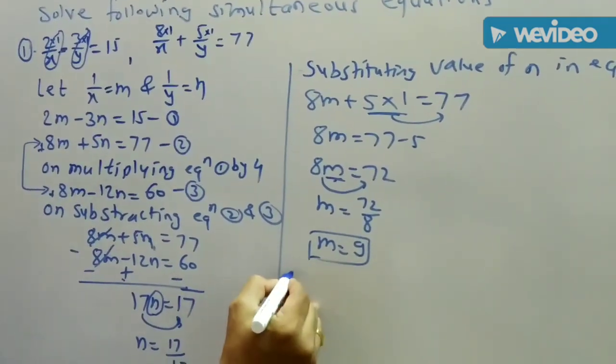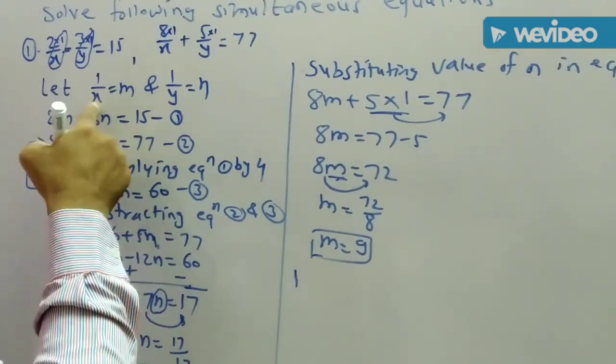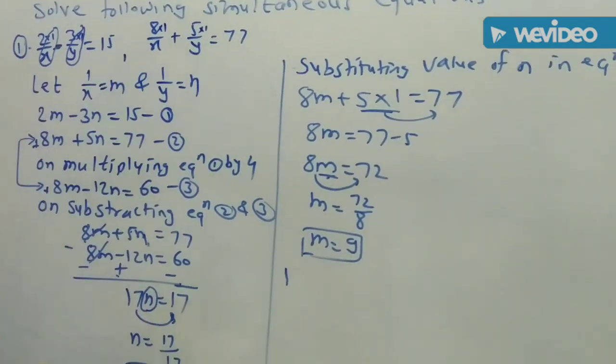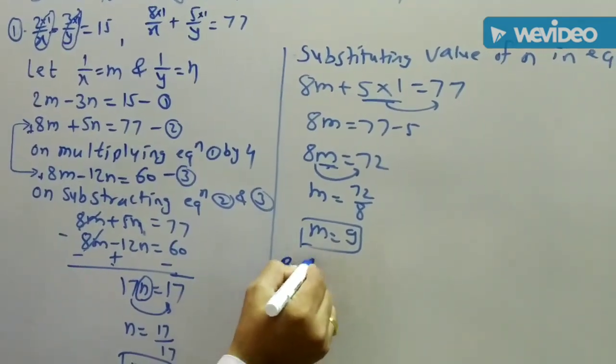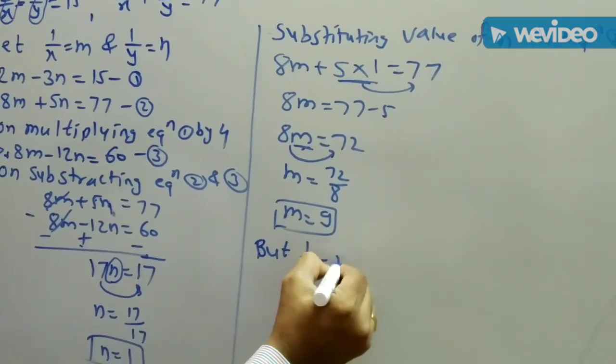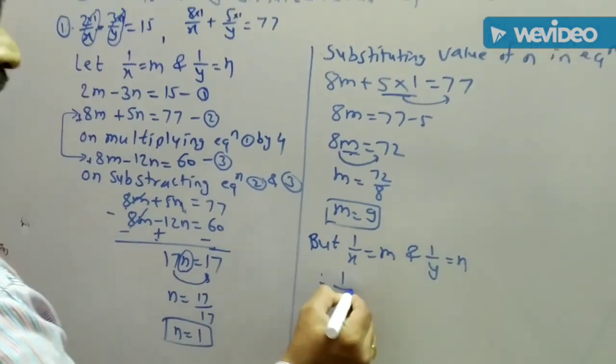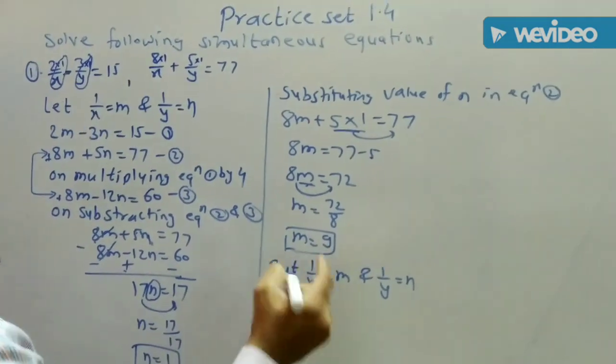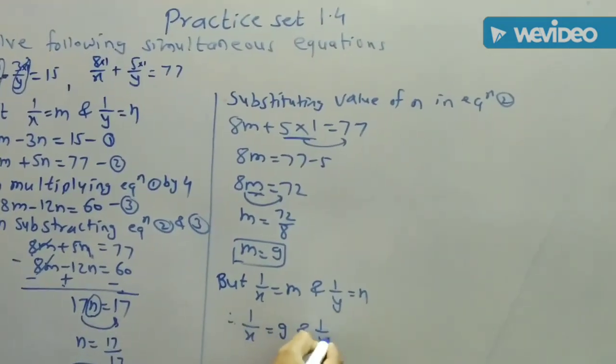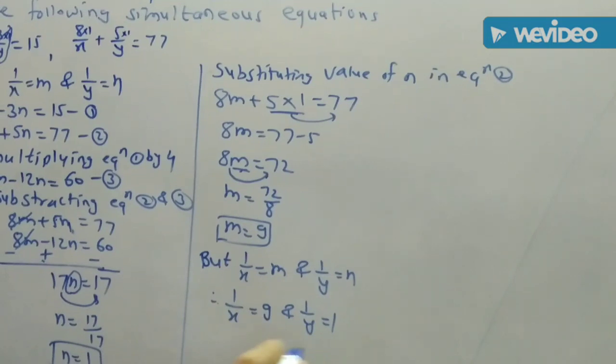Now we have to find the values of the original variables in the given simultaneous equations. Therefore, we write 1 upon x is equal to m and 1 upon y is equal to n. Therefore, 1 upon x is equal to m, that is 9. 1 upon y is equal to n, that is 1.